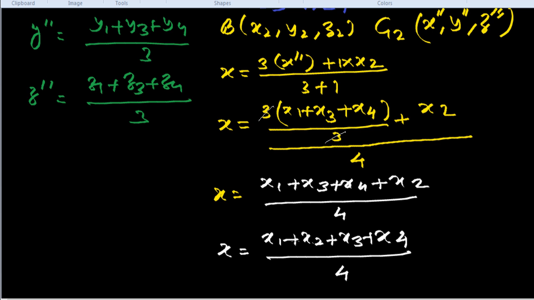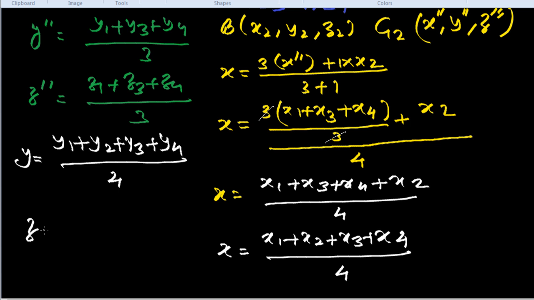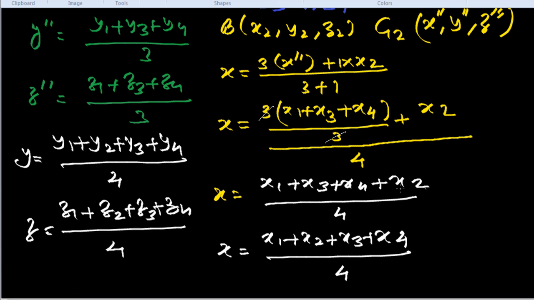Similarly, we could easily find Y is equal to (Y1 + Y2 + Y3 + Y4) over 4, and Z is equal to (Z1 + Z2 + Z3 + Z4) over 4.